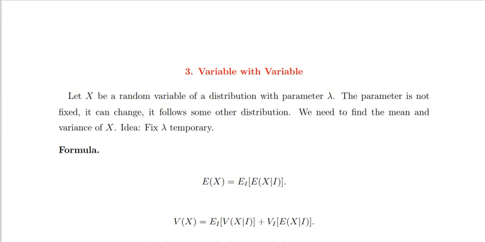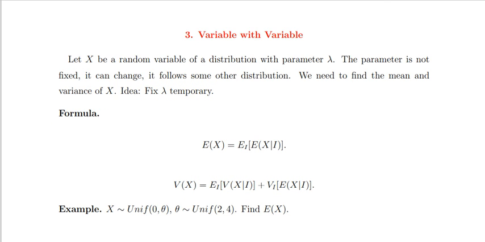So here we have other things, a variable with a variable. A typical example is x following some distribution with parameter lambda. This lambda is not fixed; it can change. This lambda also follows some distribution, so lambda is also a variable.